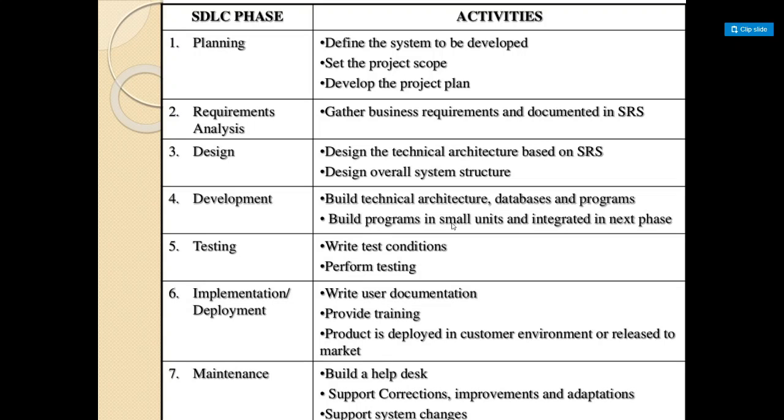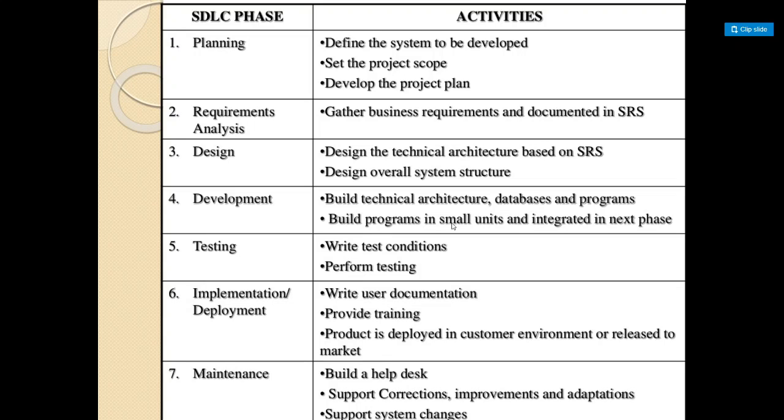When this is done, next we do testing. We write the test conditions and perform the testing. What are test conditions? They are the conditions on which you are testing. Okay, so what scenario you are using and testing, all those things are written in this. And after that, testing is done.